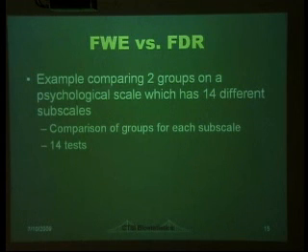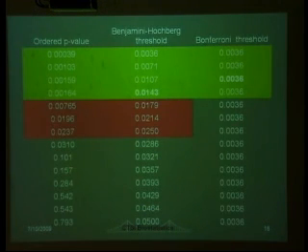Here's an example comparing two groups on a psychological scale, which actually has 14 different subscales. So we're going to do a comparison of the groups for each of those 14 subscales, which entails doing 14 tests. If we split our 5% type 1 error rate into 14 pieces, we get our Bonferroni significance level of 0.0036, which is in the far right column.